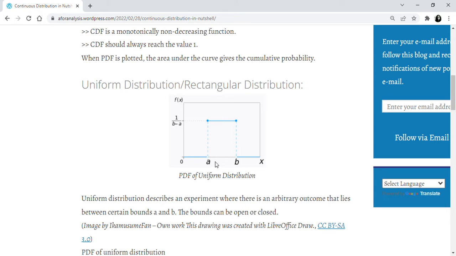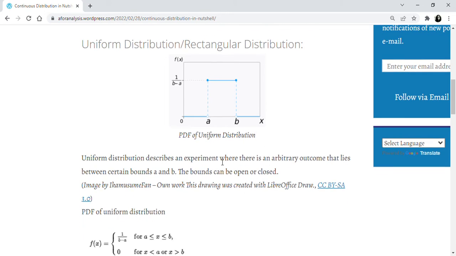The bounds can be open or closed as well. The probability density function of a uniform distribution looks something like this. f(x) is nothing but the expression for this curve, as we can see here. When x is between the points a and b, it takes the value of 1 by b minus a.